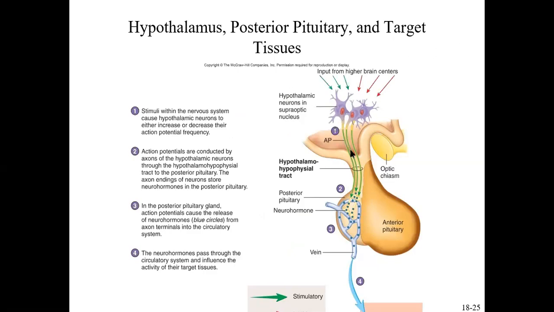They send action potentials down through the axons. This is a nerve tract called the hypothalamo-hypophyseal tract. It sends action potentials down, and that causes a release of hormones, neurohormones, into the posterior side of the pituitary gland, and that releases hormones into the bloodstream. And we'll talk about 2 of those.